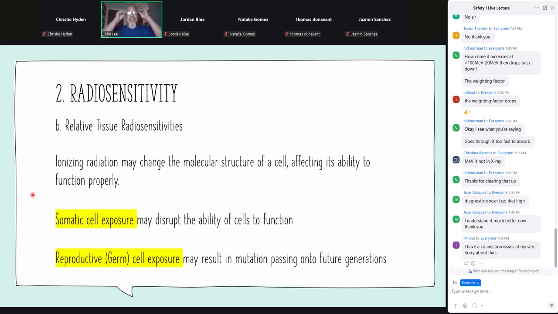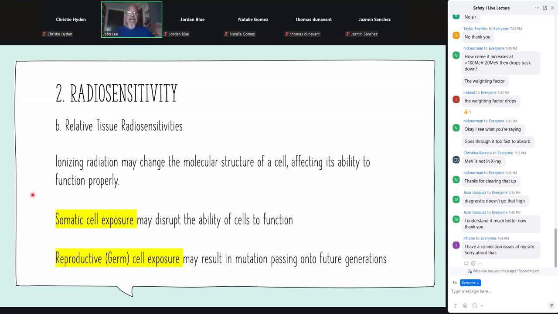Ionizing radiation can change the molecular structure of the cell, which of course can impair and impede its ability to function properly. Somatic cell exposure can disrupt the ability of the cells to function. In reproductive cells, this can result in a mutation that's passed on to future generations. So, somatic cells in the exposed individual, we can have a disruption of those cells to function.